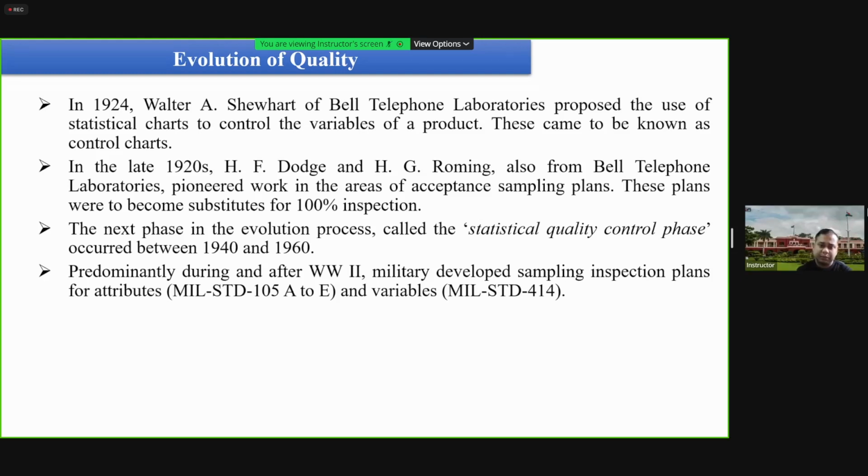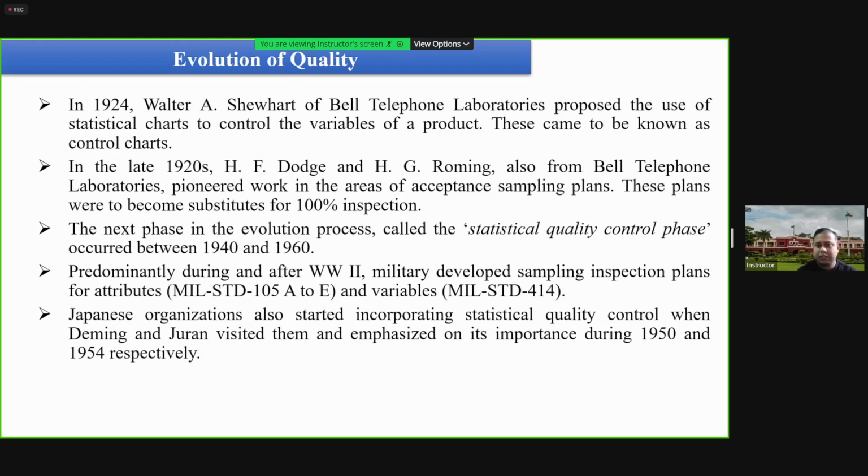Two such prominent persons are Deming and Juran, and they started telling people the importance of quality management. They emphasized the use of these quality management techniques. Since they were from the United States, they told the organizations there, but the organizations were not listening to their suggestions.